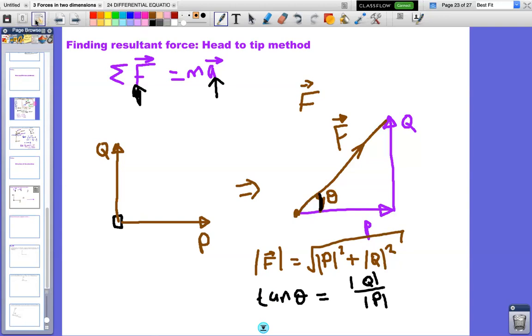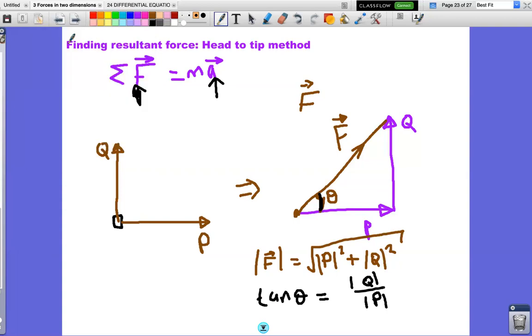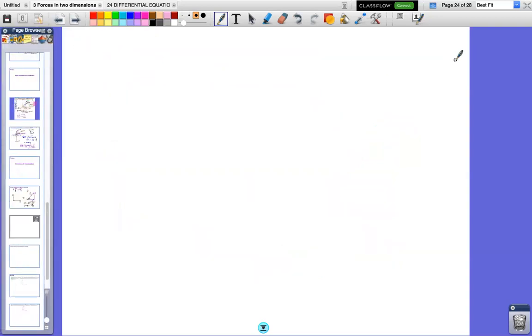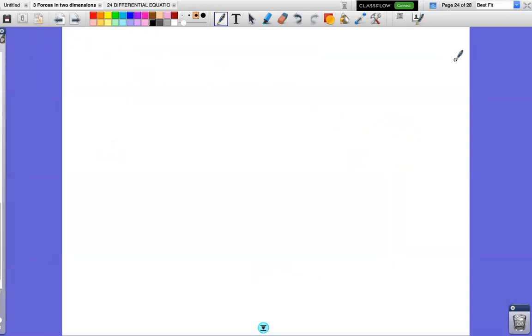Now, you will not always find forces in which one is vertical and another one is horizontal. You may come across a situation in which the forces are like this. Let's say P is like that, and let's say Q is like that.